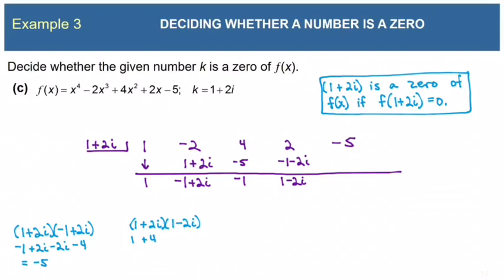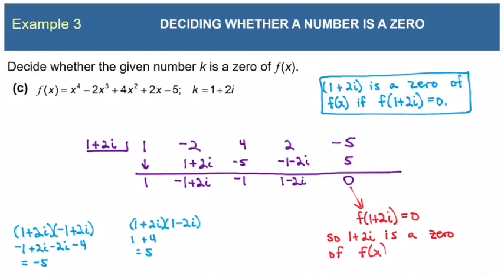Now 1 plus 4 is 5, so I'm going to put the 5 here and add, and I get 0. So we just found out that f of 1 plus 2i equals 0, and that means 1 plus 2i is a 0 of our function.